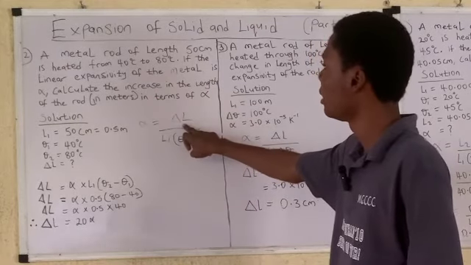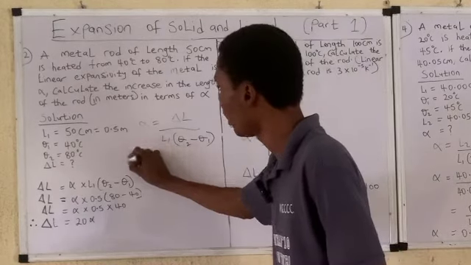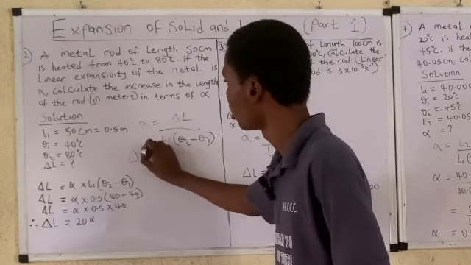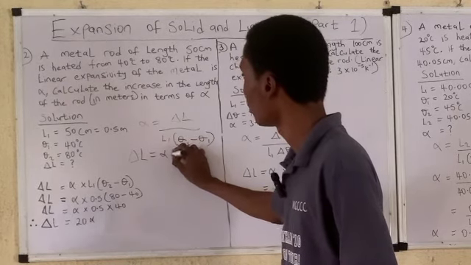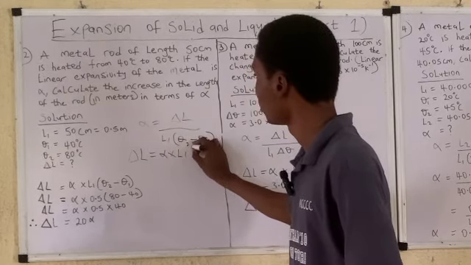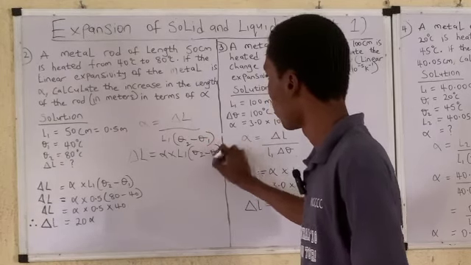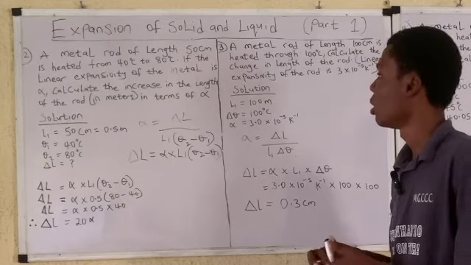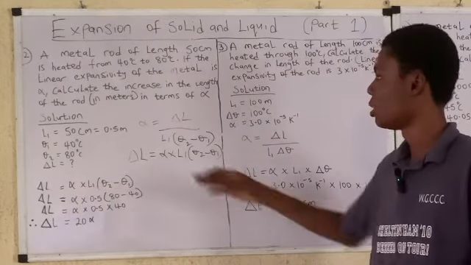Now, this is our increase in length. So what do we do? We cross multiply. So we say our increase in length is equal to alpha times L1 in bracket theta 2 minus theta 1. So this is how we got our formula here, like this.